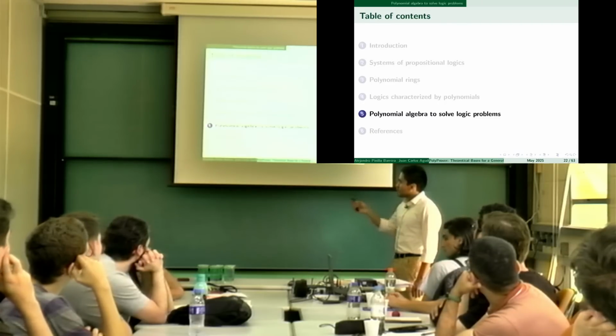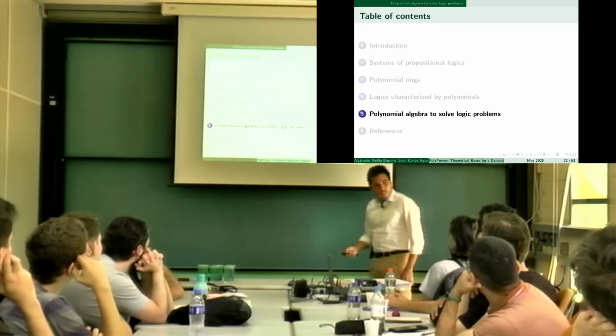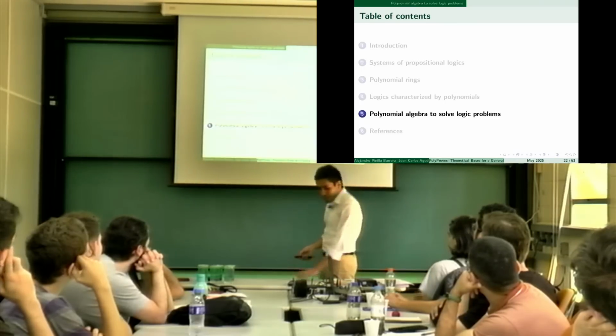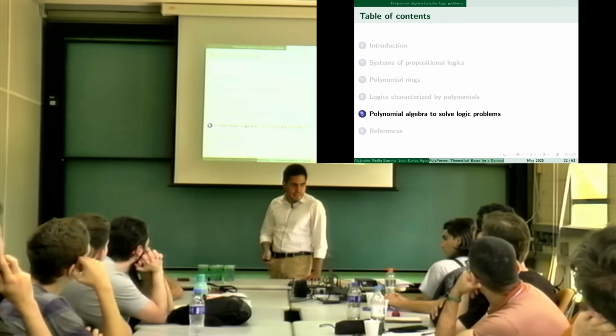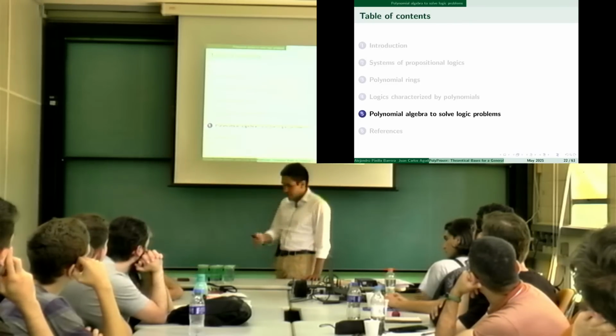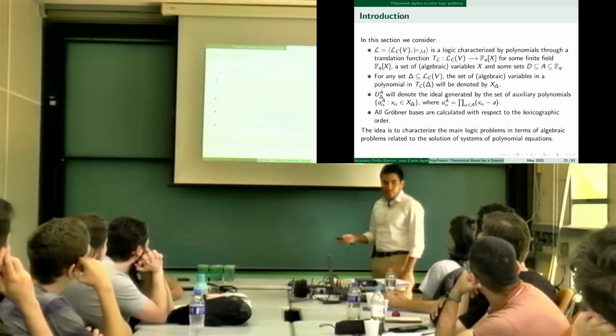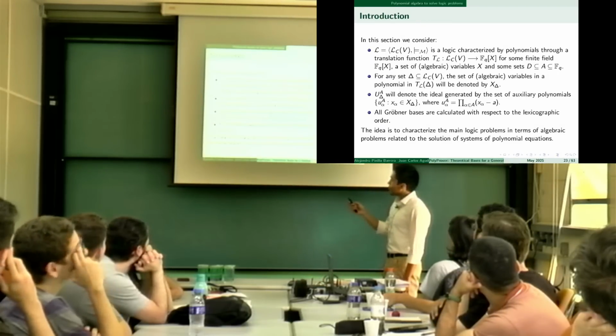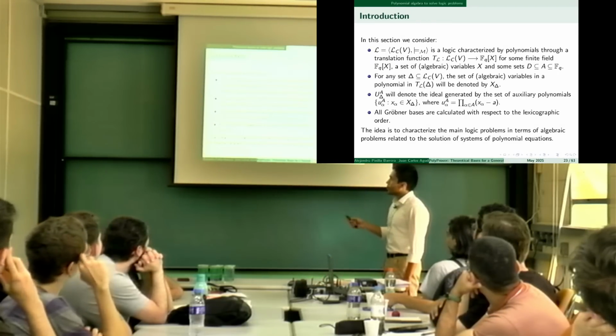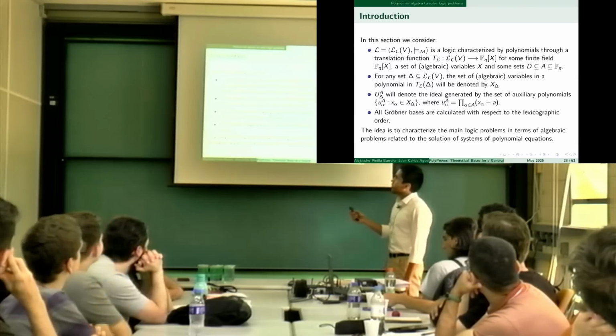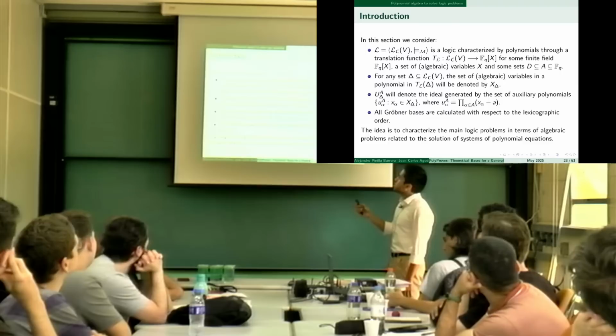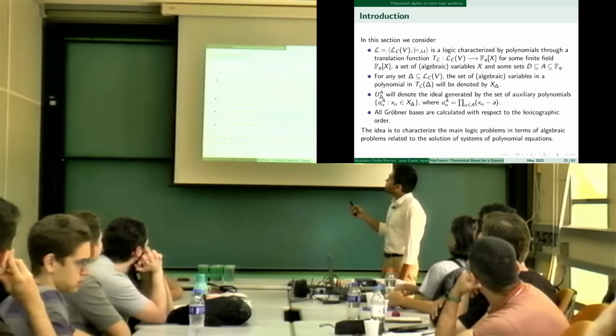So the last section will be discussing, okay, we have the translation. What we need is how to solve the algebraic problem, okay? So in this regard, we are going to consider these four observations, okay? We will have a propositional logic, which is characterized by polynomials, and we have a translation in the terms, right?